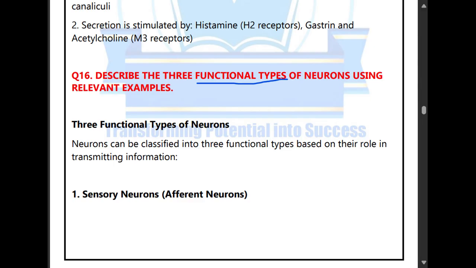So we jump to question number 35. Remember, we're talking about nerve physiology here.